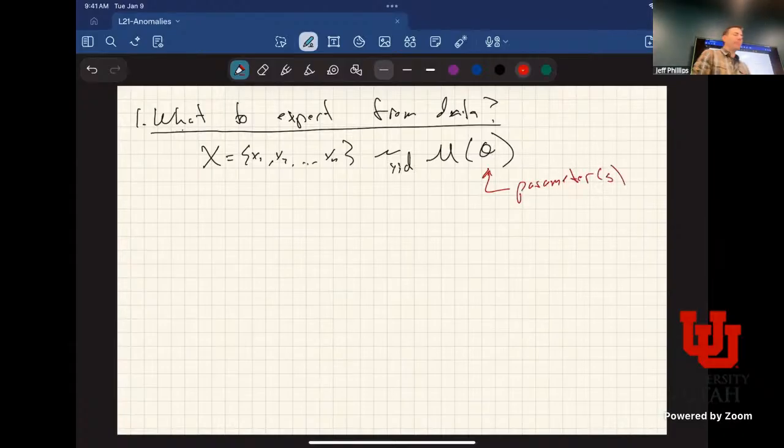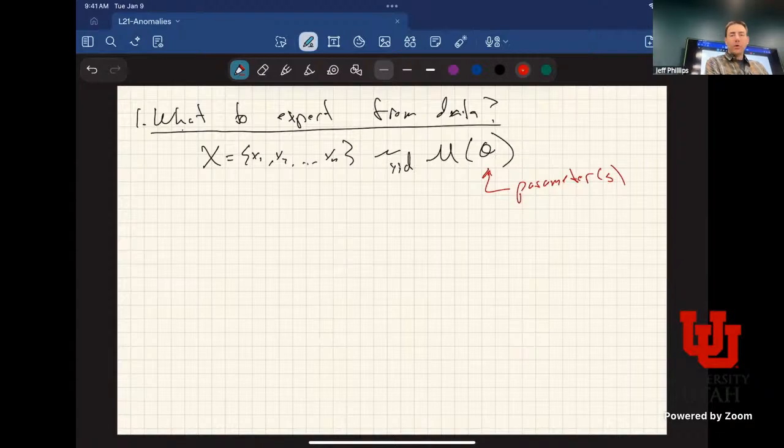It might be multiple parameters, but we're going to work in a parameterized setting. There are non-parametric ways of doing statistics. Non-parametric means it's not that you don't have parameters, you just have way too many parameters to think of them individually. But we're going to think of having a small number of parameters, and most examples will have one parameter.